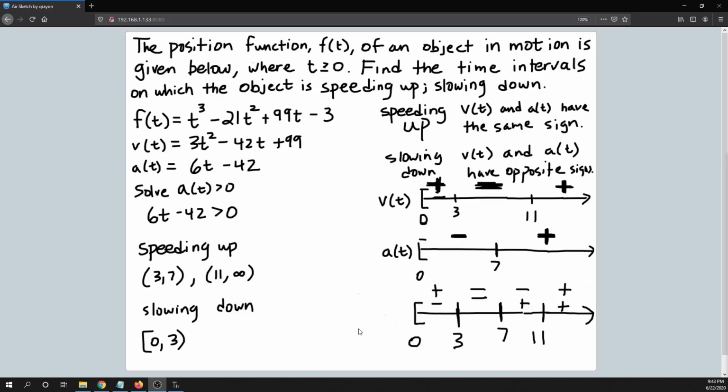And then the other interval where the signs are different is here between 7 and 11. All right, and so now we have the intervals on which this would be speeding up and the intervals on which it was slowing down. And that's it for this one.